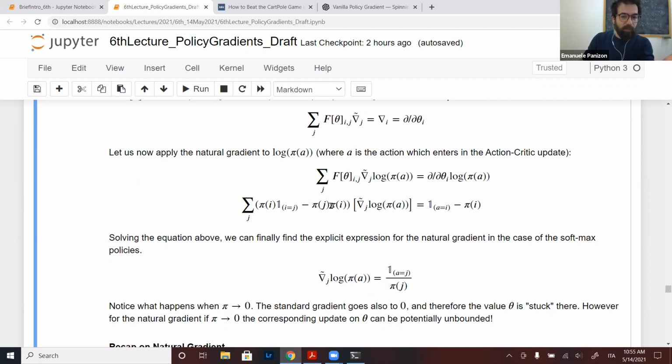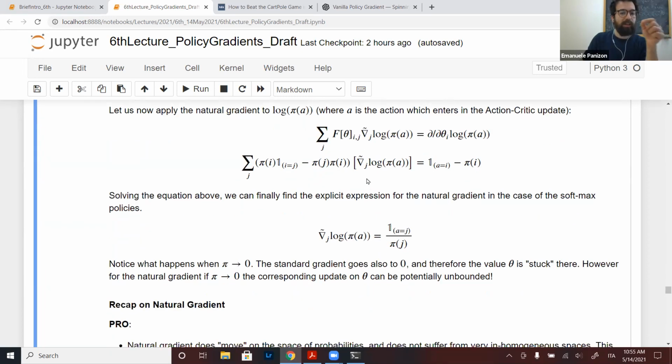On the left, I know how to write the Fisher matrix element ij, so I end up with this term here. Since I have this equation, I can find out the natural gradient j of the logarithm, because I have everything else.